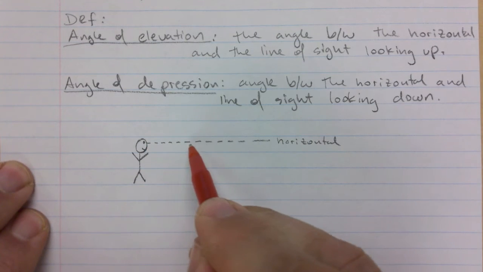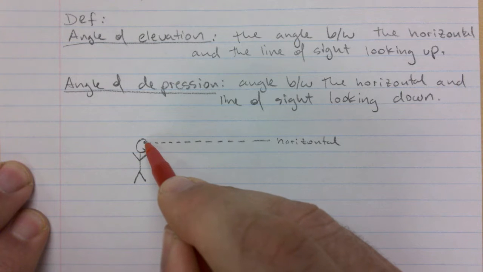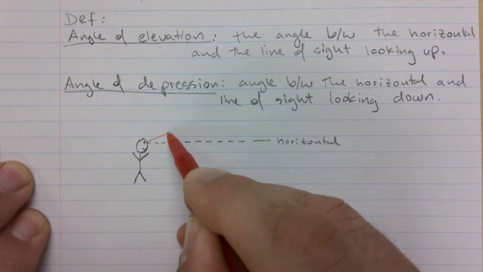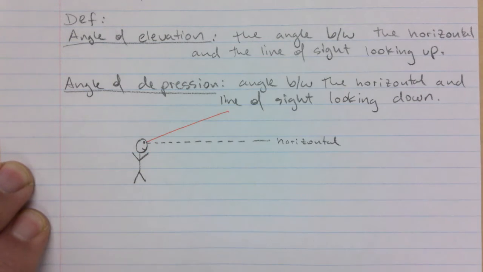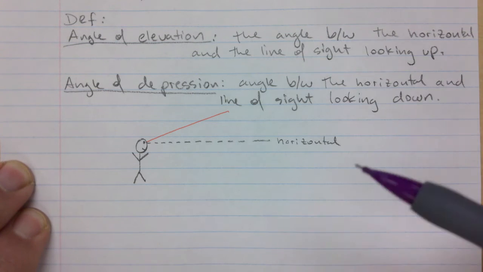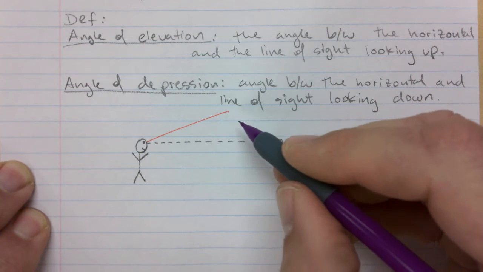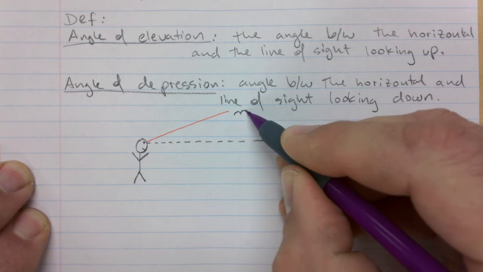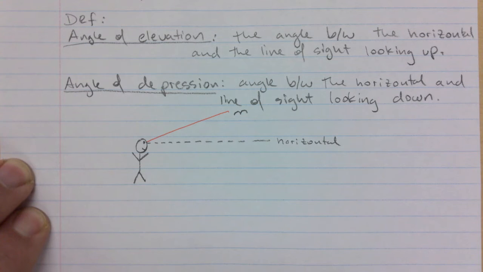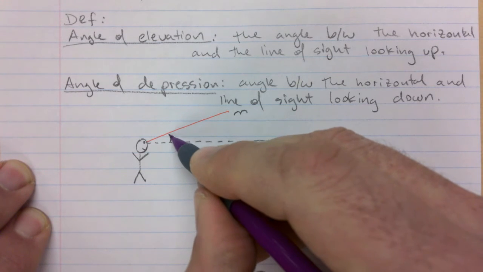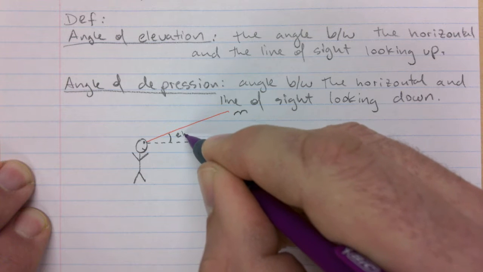Between the horizontal and the line of sight going up, let's say that'll probably be a bird or a tree or an airplane. Let's say it's a bird flying up there. That'd be the angle of elevation. This angle right here is the angle of elevation.